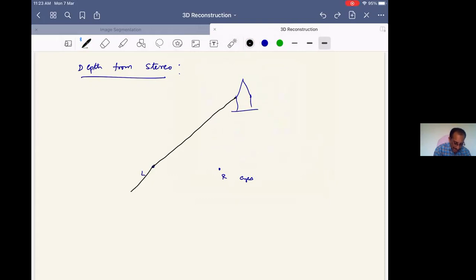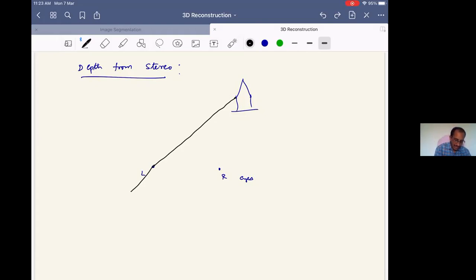So assume that there is a plane here. Usually what happens is, if we have a camera, the image gets formed in the camera at the focal length. It is known that on the back side it forms the inverted image, and at the front, at focal distance from the camera lens, it forms the direct image of the scene.